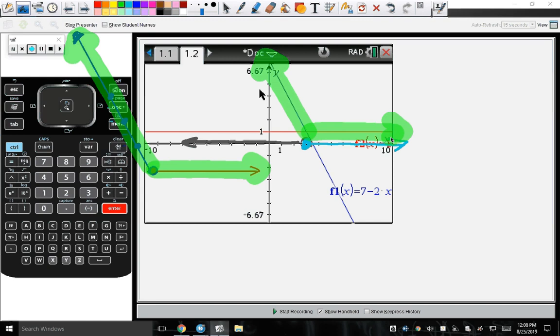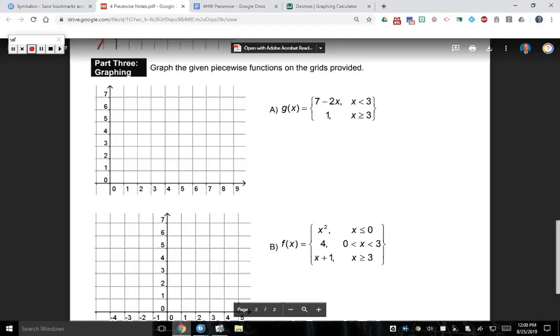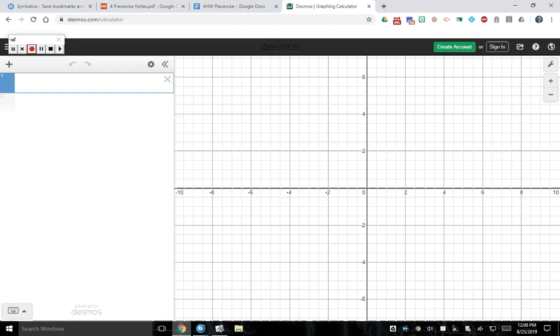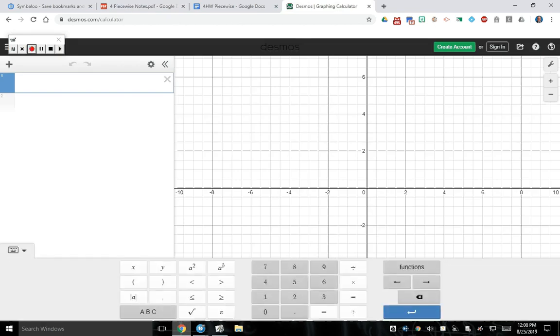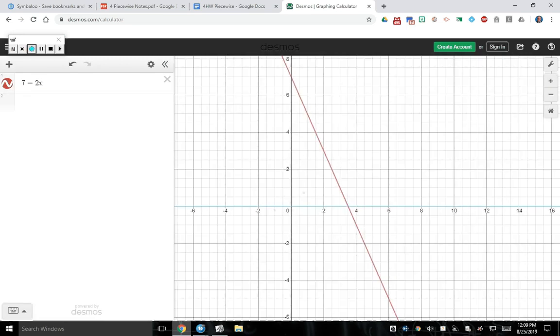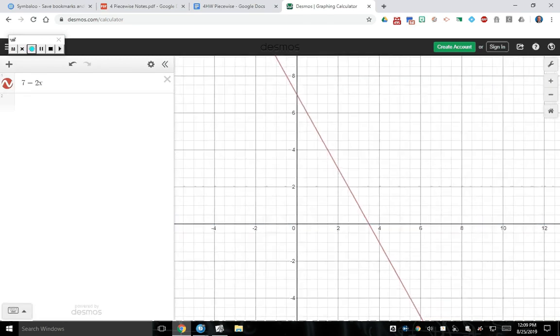So now that you know how to do it with a graphing calculator, you can always go back to Desmos and you can do it and actually restrict it. So 7 minus 2x. Let's go ahead and do this. So we have 7 minus 2x, and you see it's the graph going on forever. Okay, so like if I zoomed out, you see this line would go on forever.